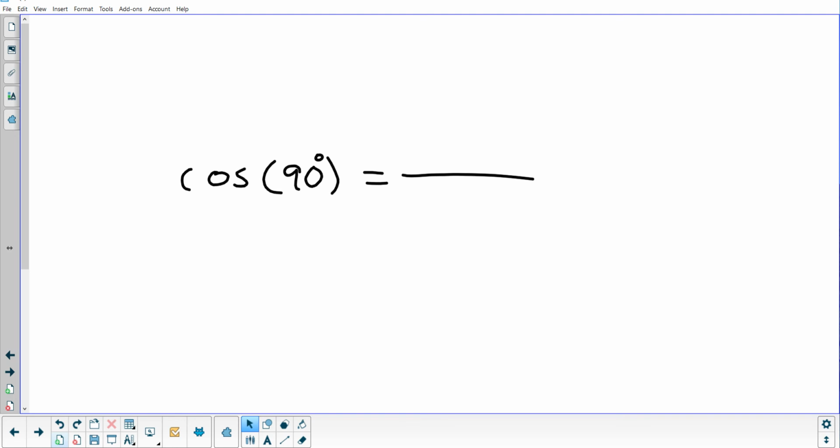If they're perpendicular, that means the angle would be 90, which means this left-hand side would come out to what? What's the cosine of 90? 0.